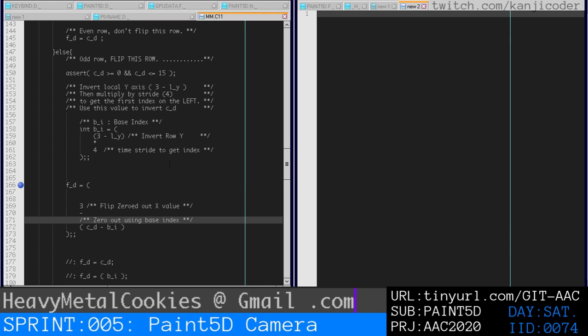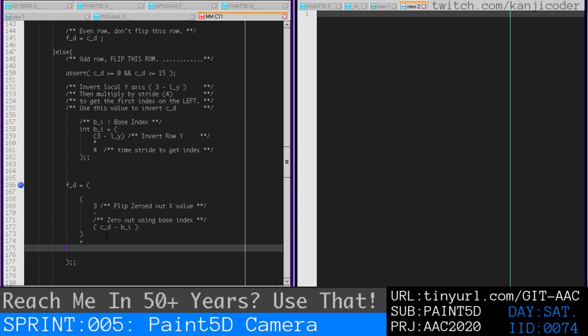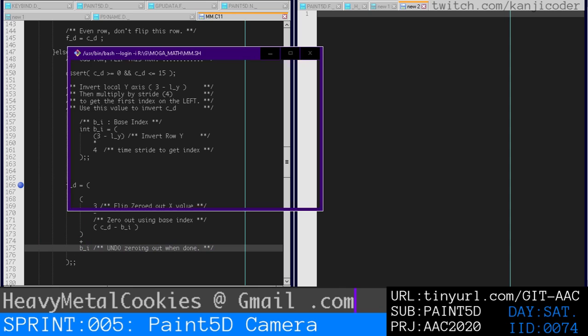Okay. So now, after we flip this, we're going to take this, and we're going to plus, undo zeroing out after flipping. Okay. Let's take a look at that.